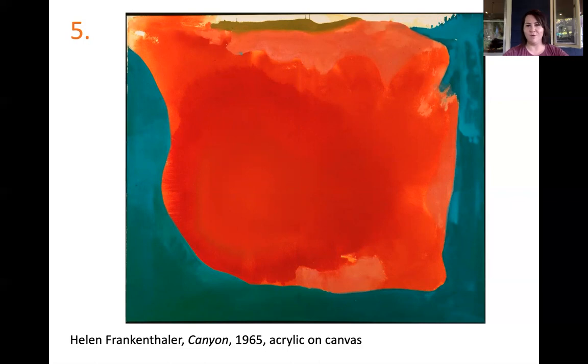If we didn't know what the title was, I would make an argument that it is a non-objective artwork. But since we do know the title, it seems like it's Frankenthaler's attempt to represent a canyon. So that brings it into the realm of what the eye sees with a degree of abstraction to it, if that makes sense.